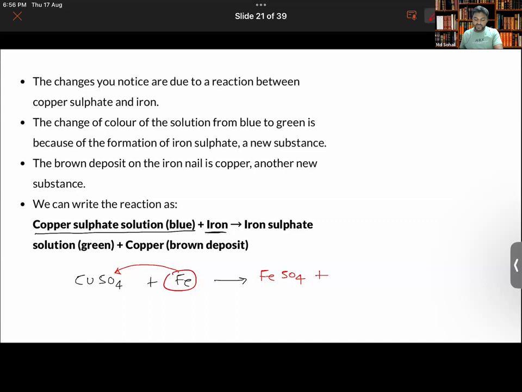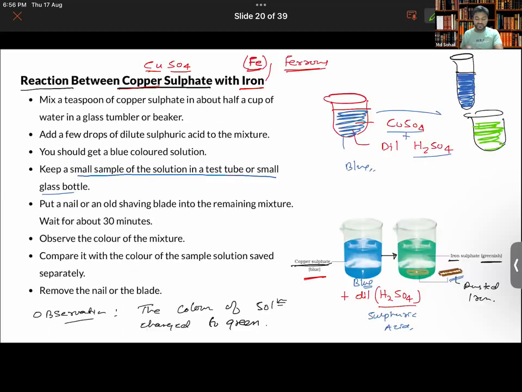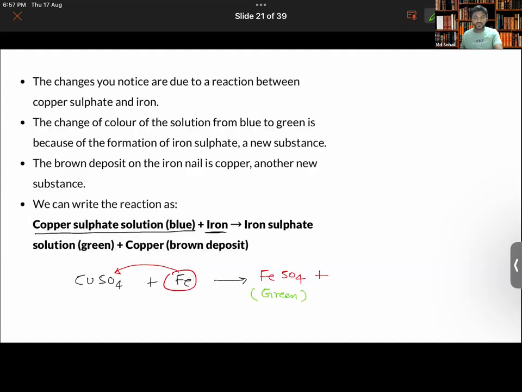And this ferrous sulfate is actually green in color. That is the reason why the color of the solution now has changed to greenish, because of formation of iron sulfate, right? And there will be a brown deposit at the bottom of the beaker. That brown deposit will be basically of copper.